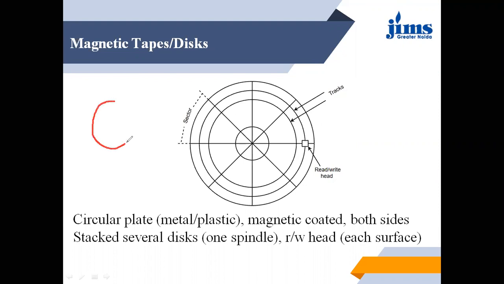So this is like plastic or metal plates coated with magnets. It is used on both sides, means we are going to use the upper side as well as the lower side of this disk also.